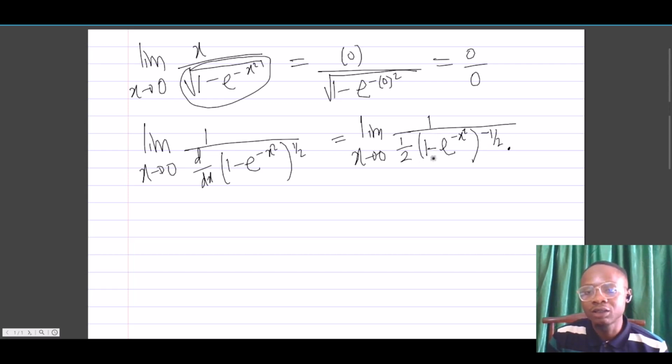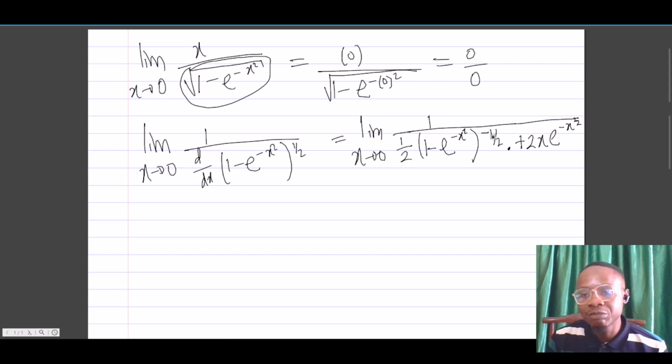The derivative of 1 is 0, so the derivative of this is going to be minus 2x multiplied by this expression, which is minus of something, so that will become plus e to the power minus x squared. So that is what we get by applying L'Hopital's rule here.